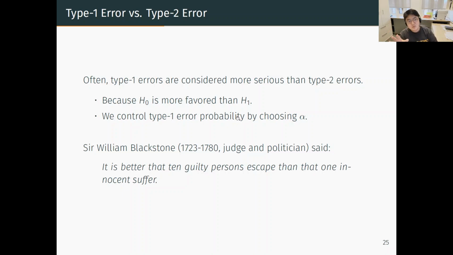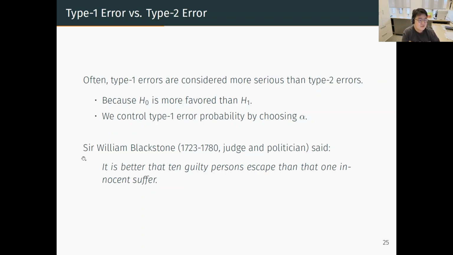So that's why we put the type 1 error probability under our control by choosing alpha. We control the type 1 error probability, not the type 2 error probability, because type 1 error is the more serious problem. We set our willingness to make a type 1 error.